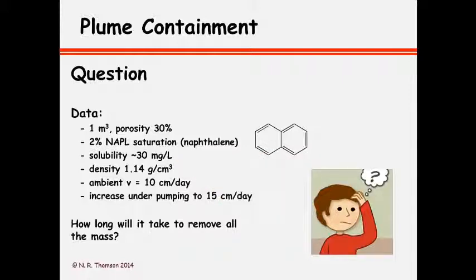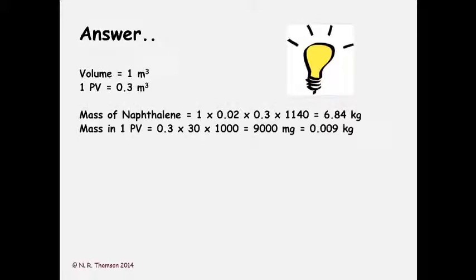Well, you would think it's a hard question to answer, but in fact it's not. Here's the answer. We calculate to start off with the mass of naphthalene. That is approximately 6.8 kilograms.